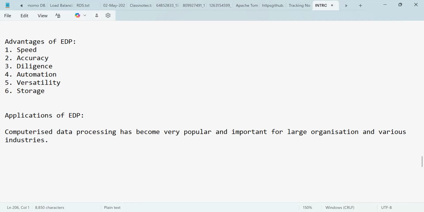Which departments will use which sector? The sales department will use the computer, yes or no? Data processing, sales department. Also the purchase department will be used. Pay and cash department means the banking sector.